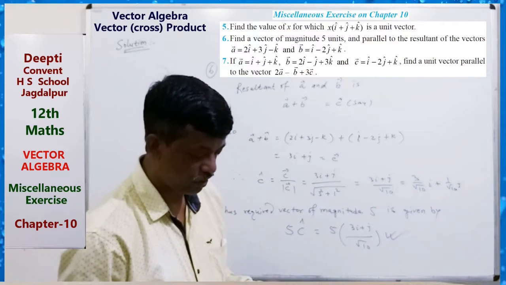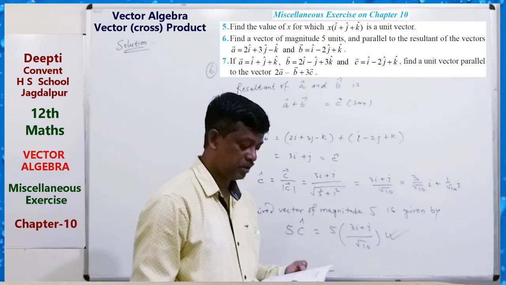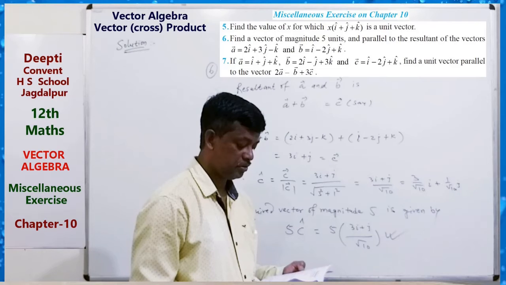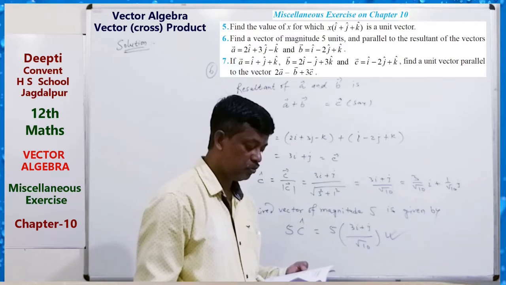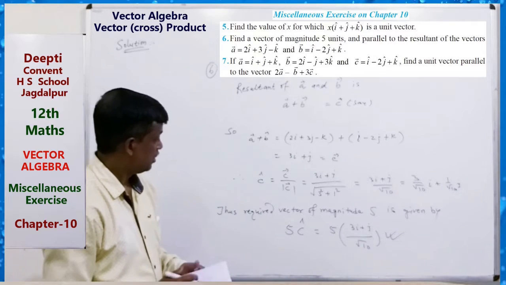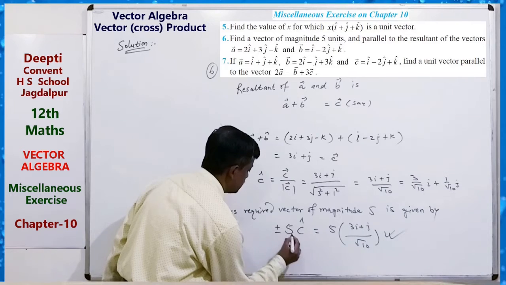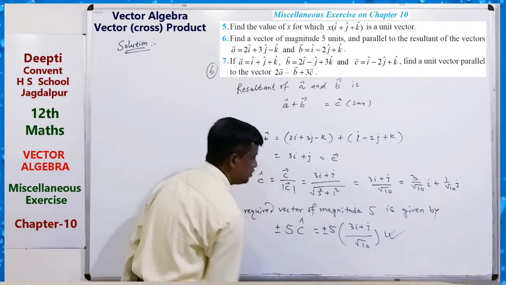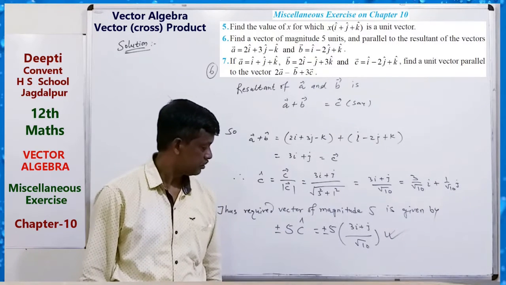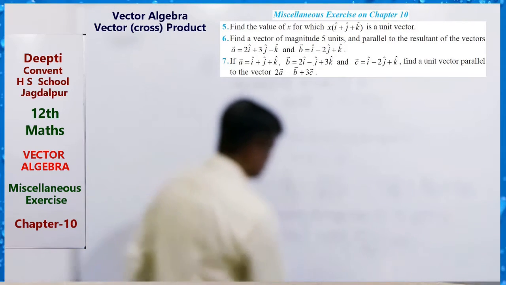So it is 5 into 3i plus j by root 10, and plus or minus also. Clear?